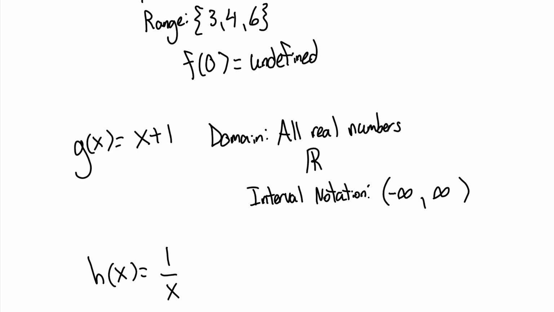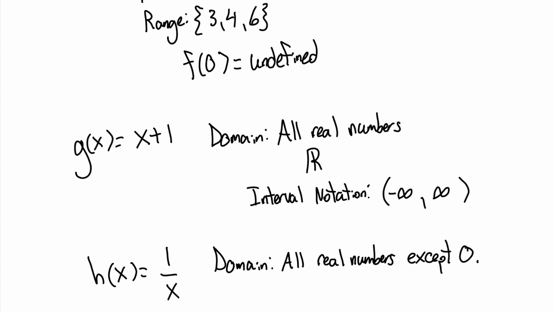So there's no way that we can let x be 0, right? We can divide by any other number we want, but x can't be 0. So our domain here, we could write all real numbers except 0. Like sometimes you just write it down in words, but the preferred notation is usually that interval notation.